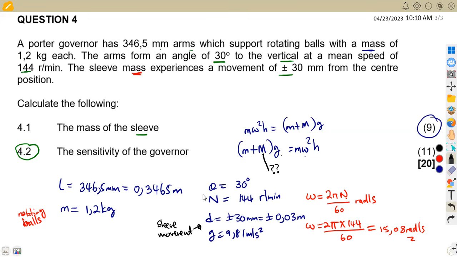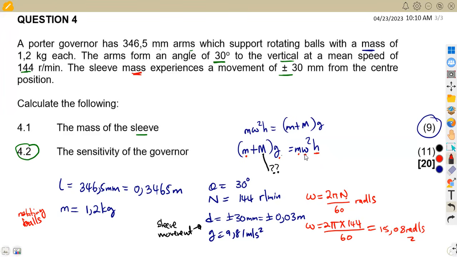From the information that we are given, we have the mass of the balls, we have the mean speed, which is 15.08, the one that we had before, and we have the gravitational acceleration. But we do not have the height, h.